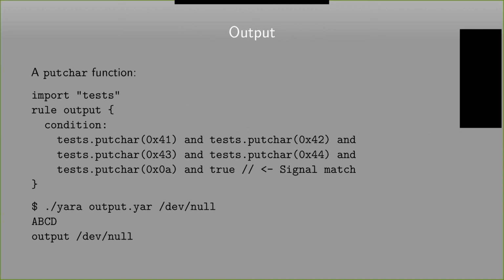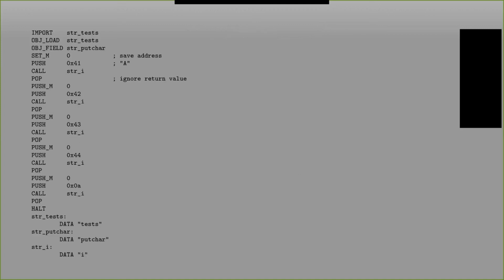Input is easy, you just use the input file, but output is not built into YARA as an accessible feature from the rule set bytecode. So I implemented a little putchar function to overcome that. The YARA output will just output some characters, and that's it. It has no real value otherwise.